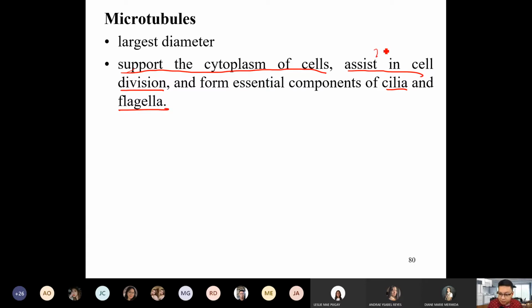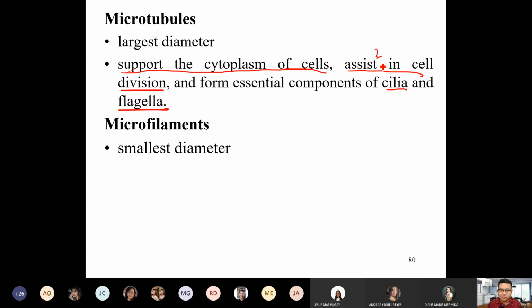Itong pangalawang to, this is one of the most important roles of the microtubules. In cell division, ang kanyang role is hatakin yung chromosomes na nag-divide, magdadalawa into other poles. Para pag naghati yung cell, dala yung chromosome.